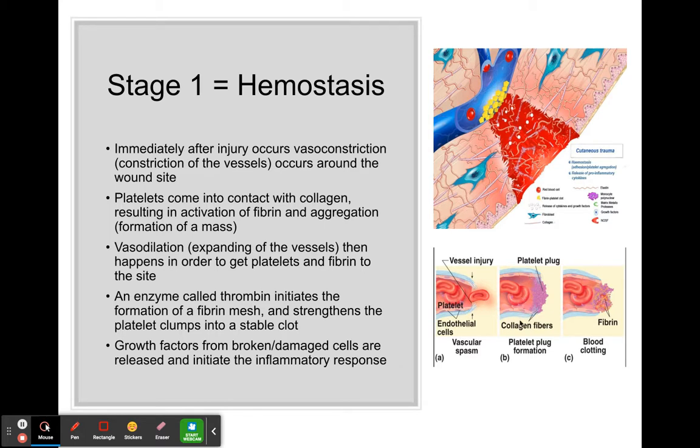There are stringy fibers all along your connective tissue that give structure to it. After the platelets come in contact with collagen, it activates the fibrin, and it starts to patch up the wound.